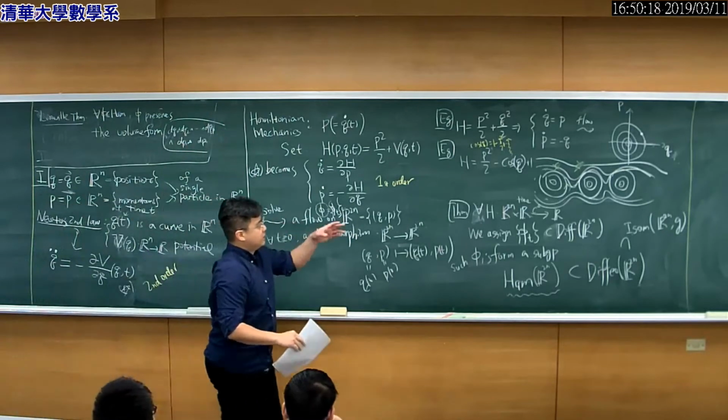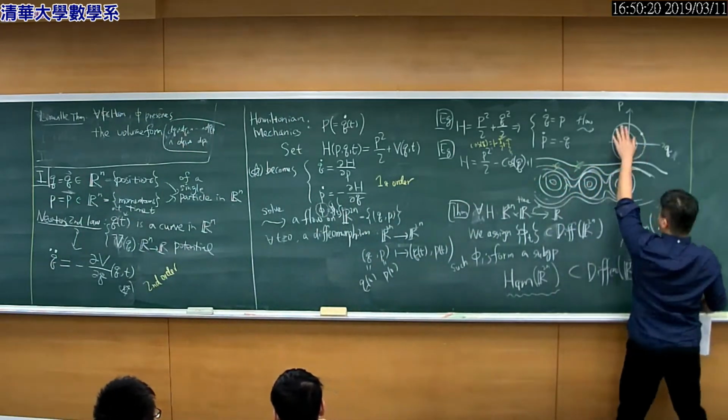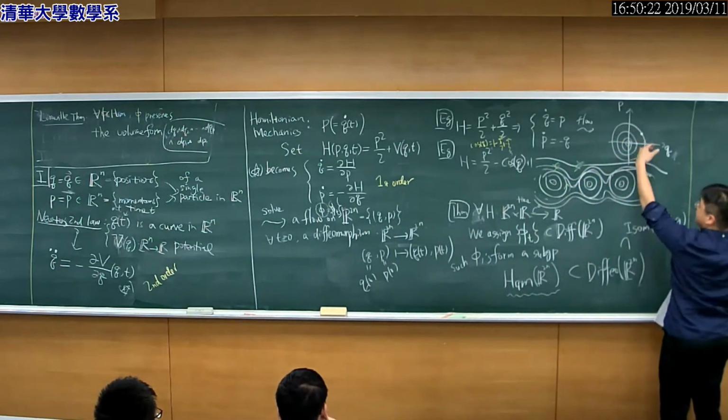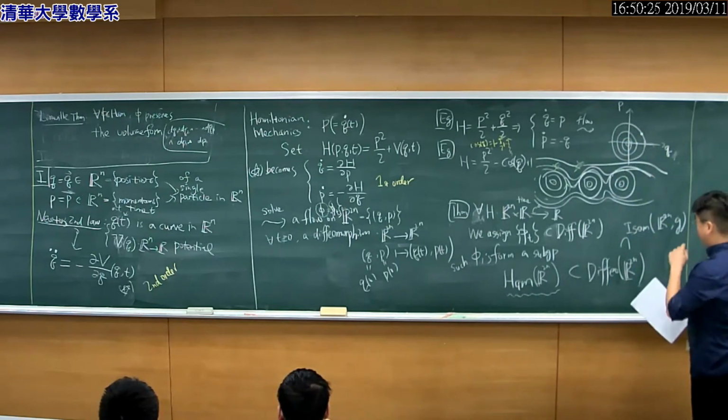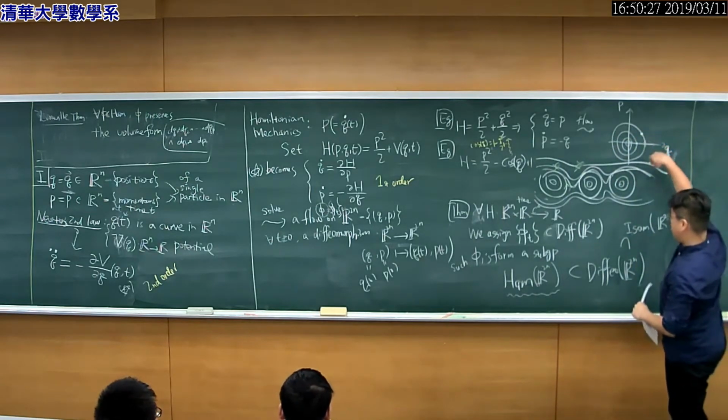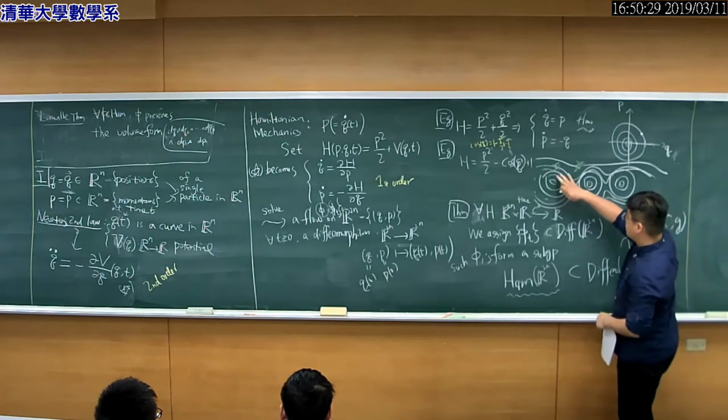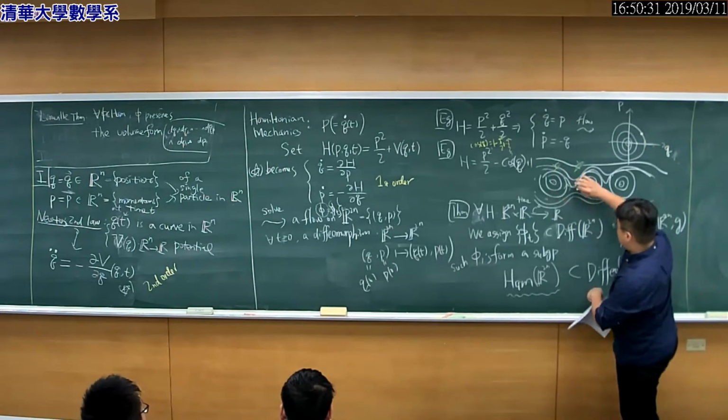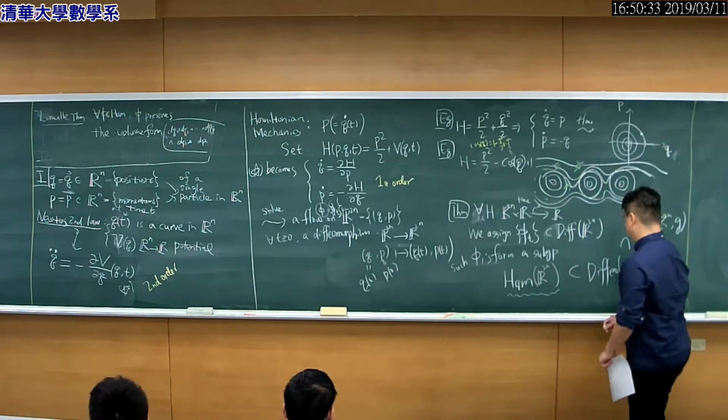For example, this one, the rotation. Of course, apparently it preserves the area, because here, for example, we have two dimensions. And this one is also area preserving, but it's not very easy to see.